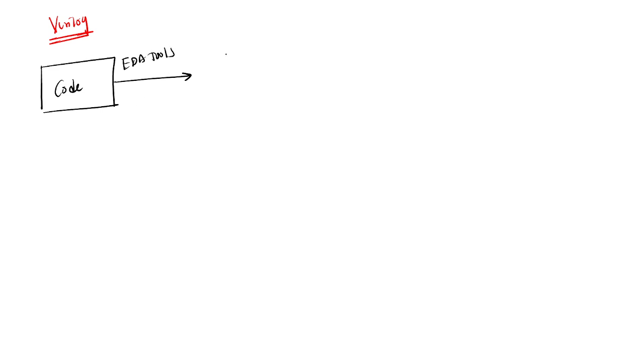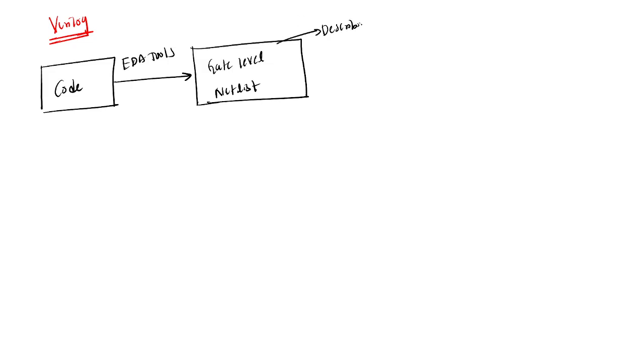What these EDA tools will do is convert whatever your code is into a gate level netlist. A gate level netlist is nothing but your code described in terms of gates. So converting your code into a gate level netlist is nothing but synthesis.